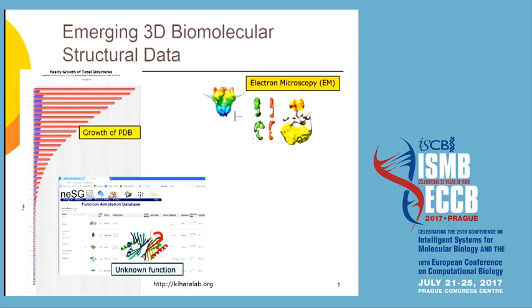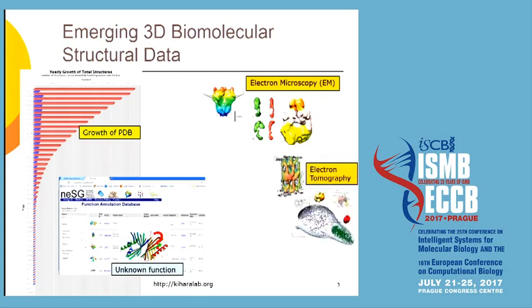Now, recently, we have observed lots of low-resolution structures coming from electron microscopy, also electron tomography. Those are very different types of structure information compared to the X-ray structures or NMR structures of proteins and biomolecules.